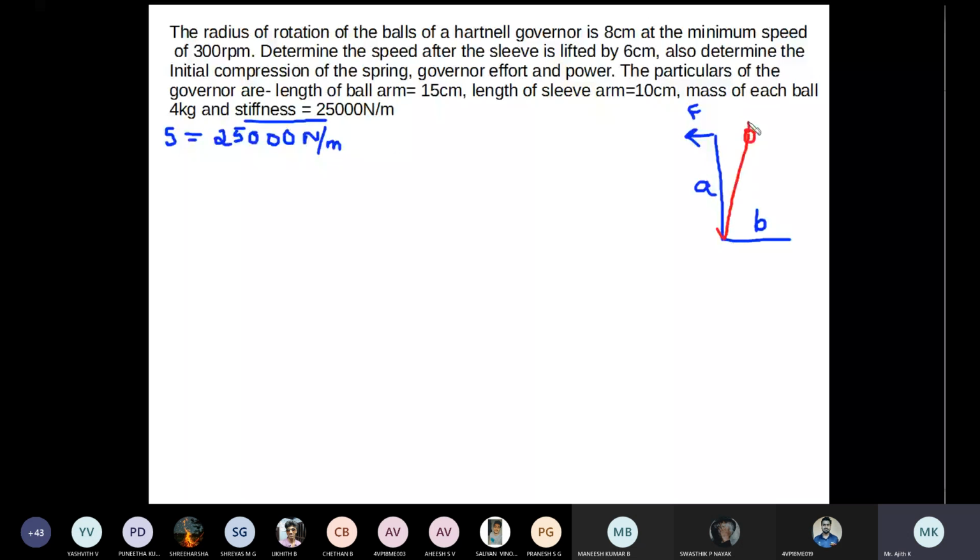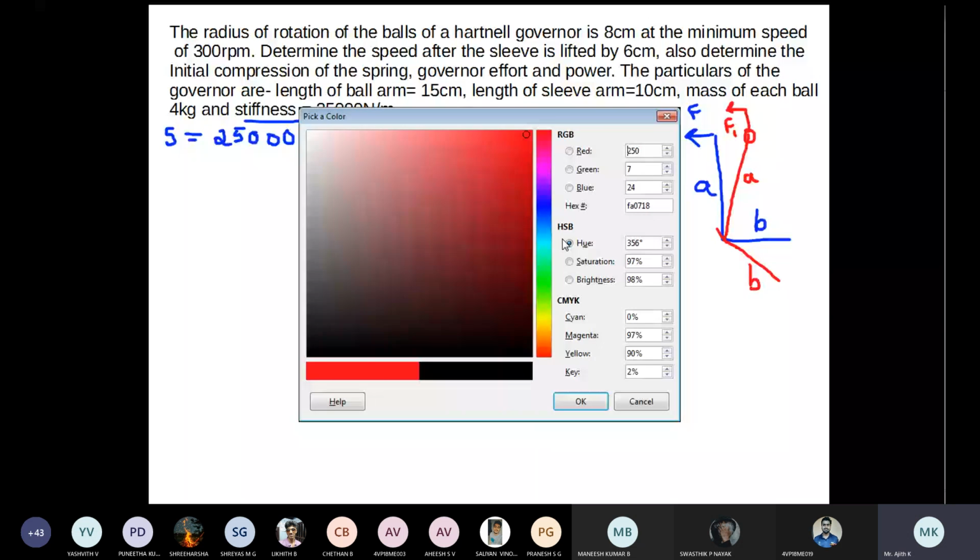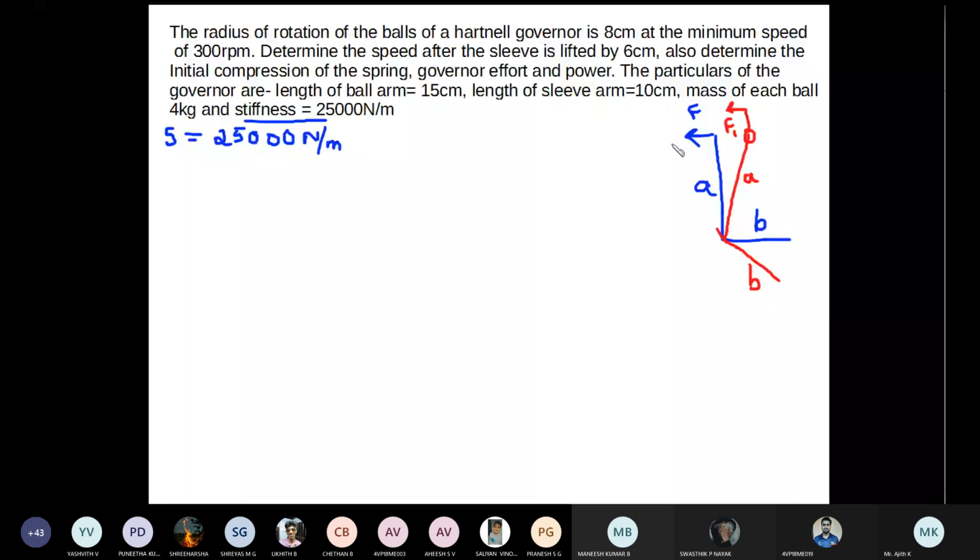I can also mark F1, A, and for this position, this will be the sleeve arm. And last, for the maximum position, this will be F2 and this will be B. For all the problems, better you draw this diagram.